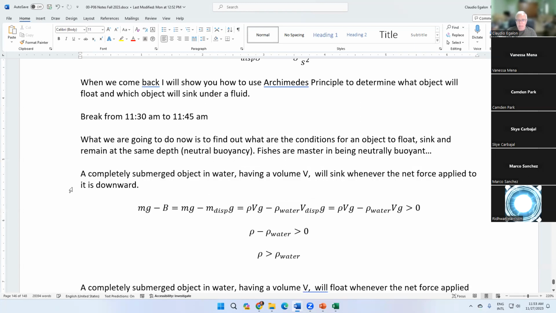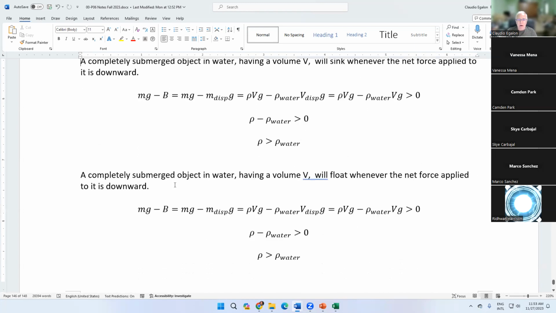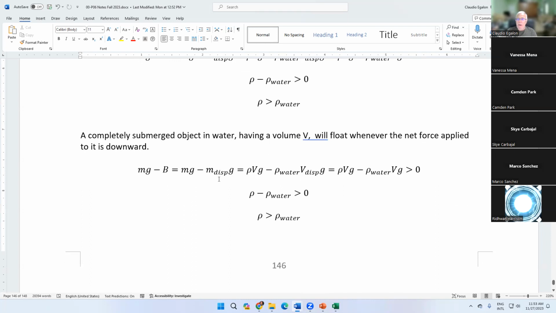Leave it this way. I'll take it out. Leave it the way it was before. Now we're going to repeat this for floating.